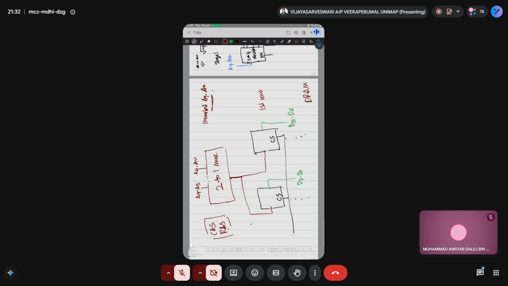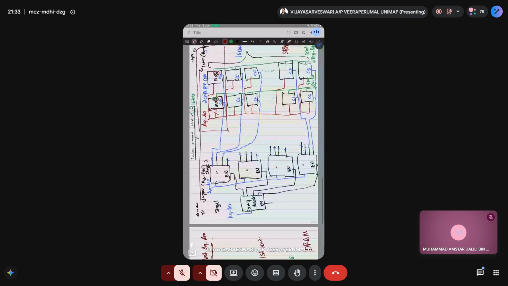In DRAM, you need to select which row, which column, and whether the input is the lower A0 to A4 or the upper A5 to A9. They have to select themselves, so that's why it is late. But in SRAM, the chip is selected and you just give the input. So now, do you understand how to do the designing or not?